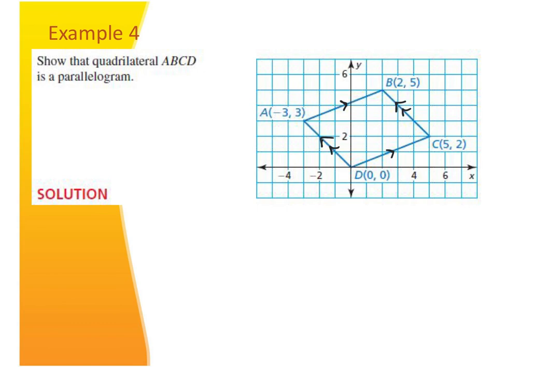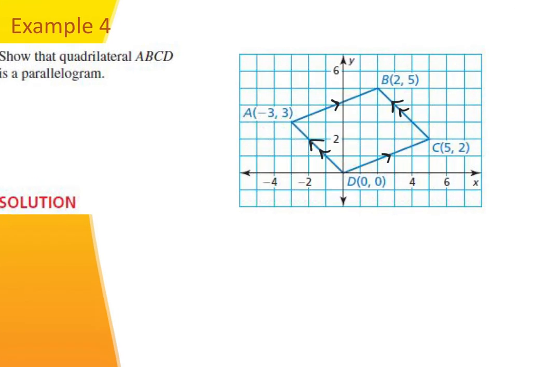You could find the distance between half of the diagonals, make sure that they bisect each other, but that also would involve the distance formula. I don't want you doing it that way. And the last way you could do it is using the distance formula, prove that two sides are parallel and congruent, okay? If you are given any option to use, my recommendation is use this one, okay?